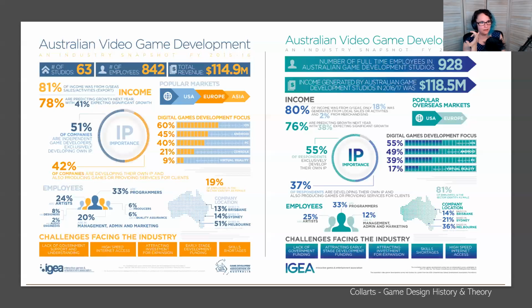As you can probably tell, in 2015 to 2016, 51% of company locations were in Melbourne compared to the rest of Australia. But because more and more people have been making games and more games have been released, that percentage has gone down, and the percentage of Brisbane and Sydney has risen.